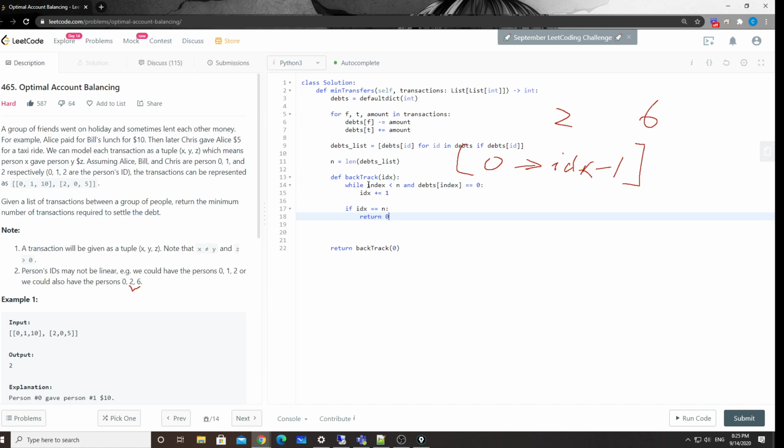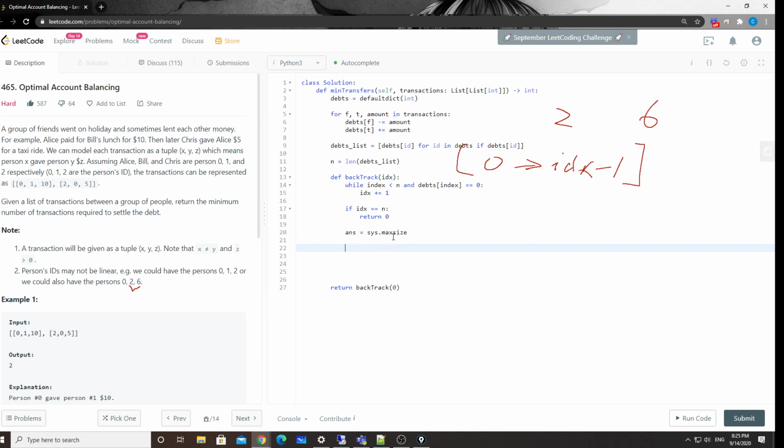So why is that? Because later on we're using this return value, the system max size. Also, after the while loop, if there is still some debt that has not been settled, the current index is the first one that has not been settled.